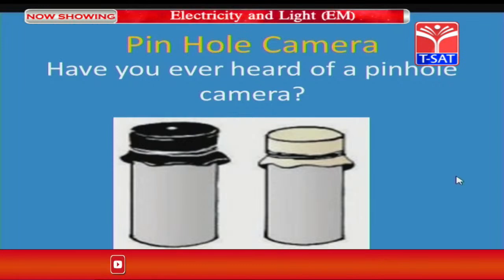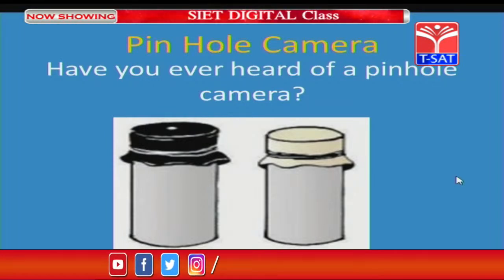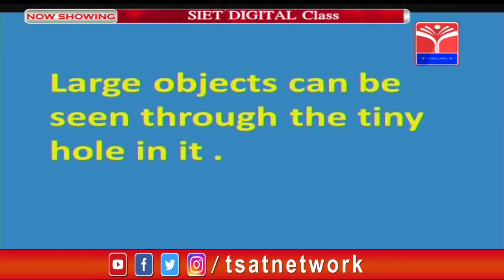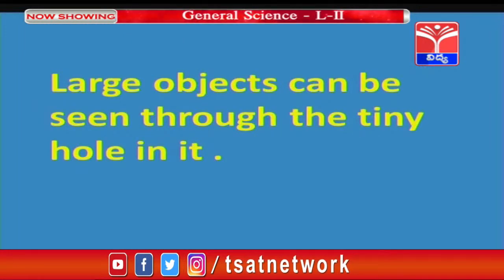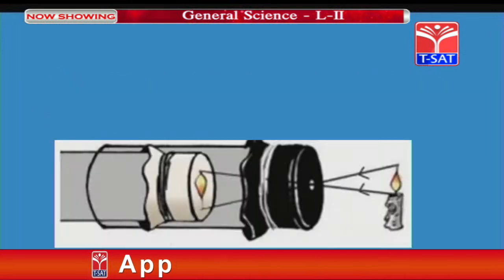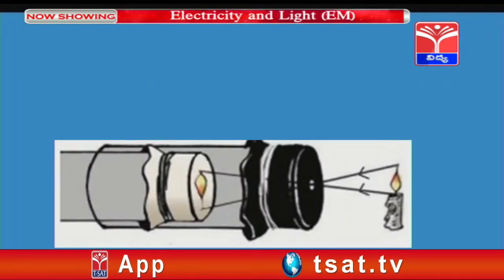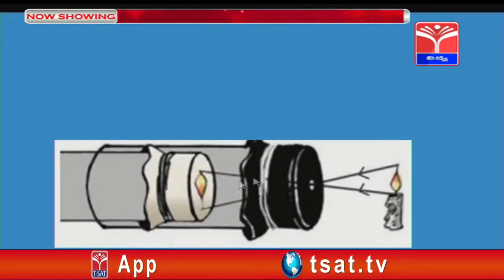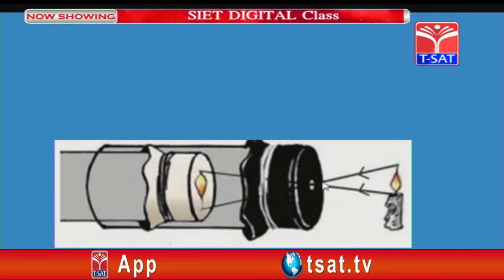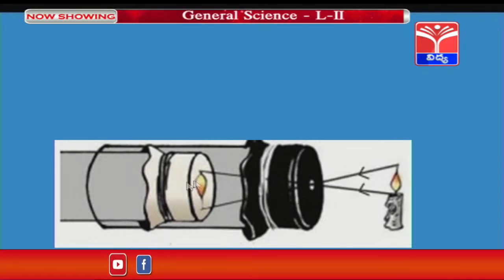You can make it with white A4 size papers also, by rolling at your home. Large objects can be seen through the tiny hole on it. How? We will see now. There is a candle, it is a source of light. Now I am seeing this light through the pinhole camera.